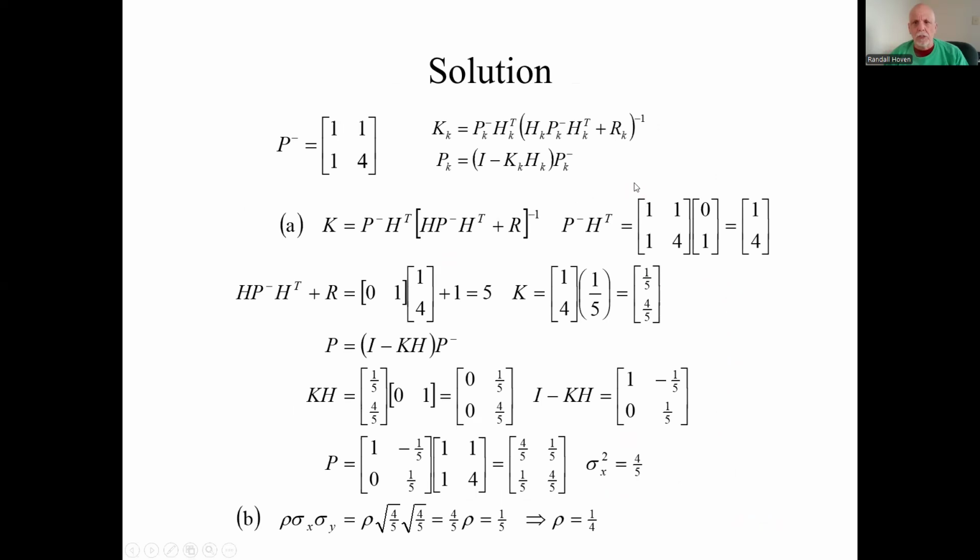Because after that, you're just doing some matrix arithmetic. As bad as this looks, let's see. P with the minus sign H transpose, that's a simple matrix multiply. This, we can do easily enough. I'm not going to go through this. But finally, you get, here's the P afterwards.